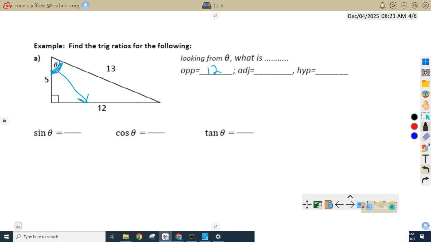Which number is adjacent to theta, which is right beside it? 5. Now, it's not 13. 13 is the longest side. It's the hypotenuse. A lot of people get that confused.